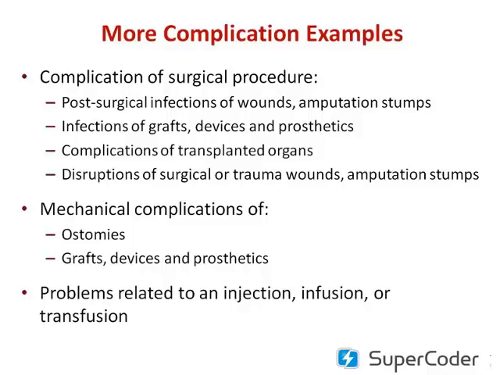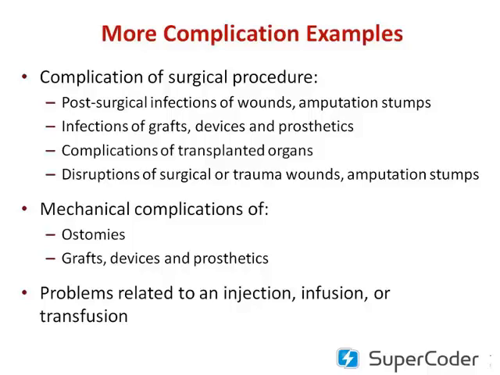We also have infections of grafts, devices, and prosthetics. These, again, come from the category or subcategory 996.6x with different fifth digits related to where the infection is. And we have complications of transplanted organs, which come from 996.8x. The fifth digit there tells us the type of organ that was transplanted.